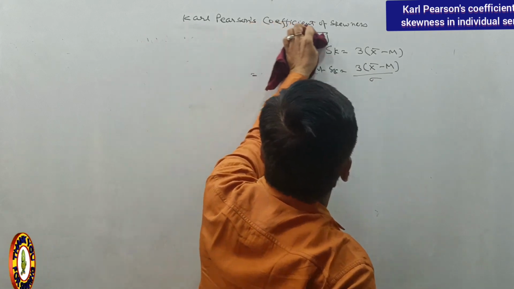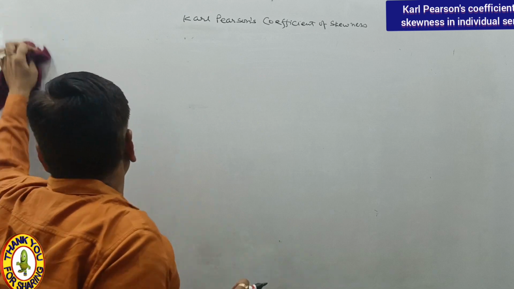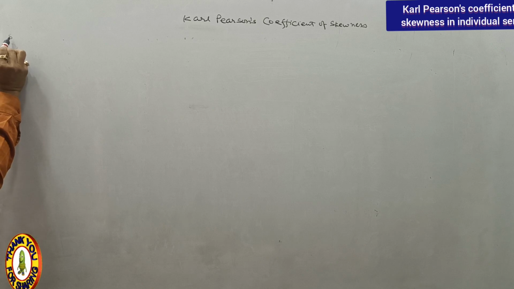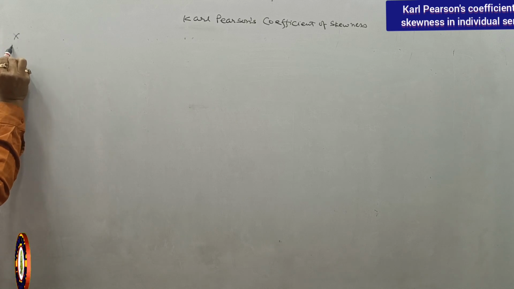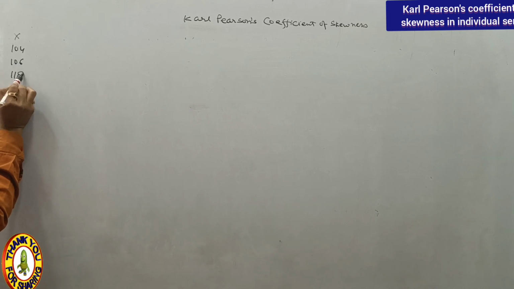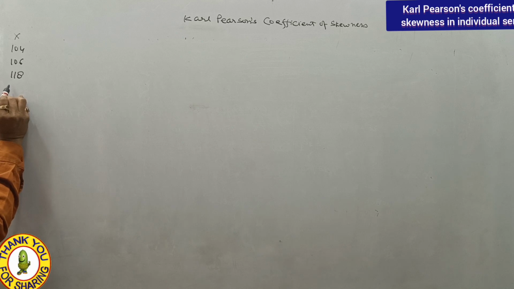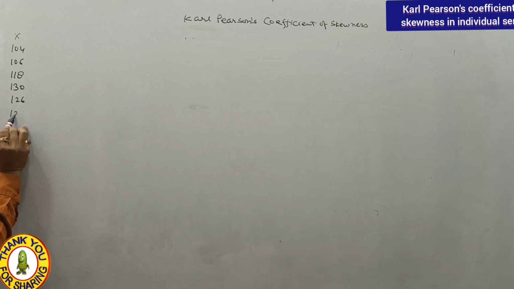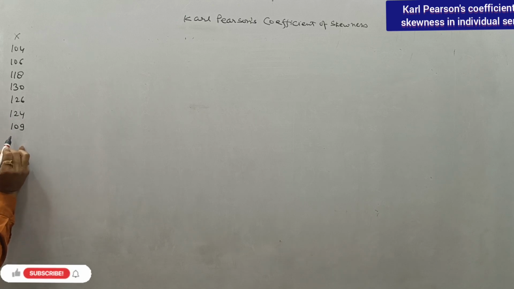So I have another example. The values are given: x, serial number, values given 104, 106, 118, 130, 126, 124, 109, 93, 87 and 83.